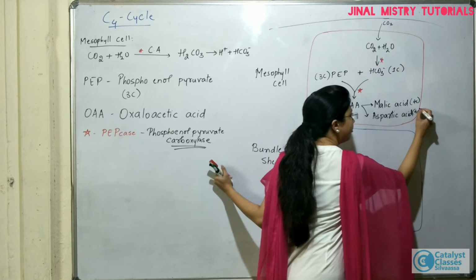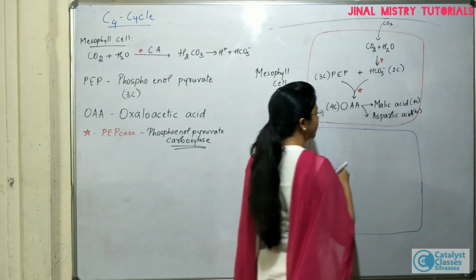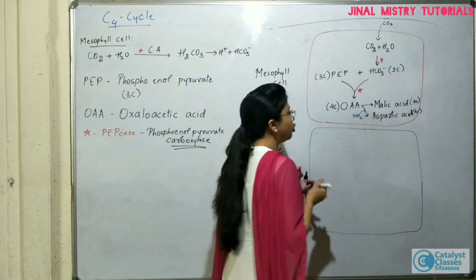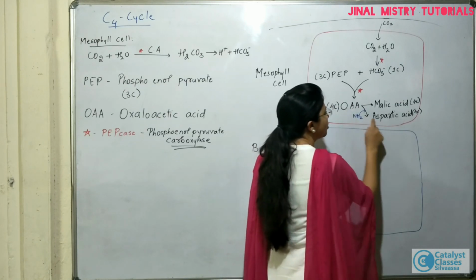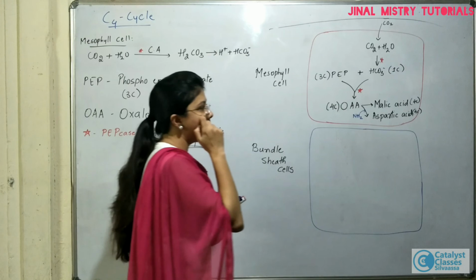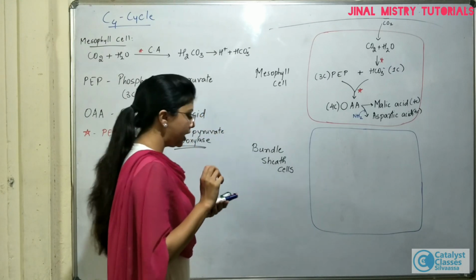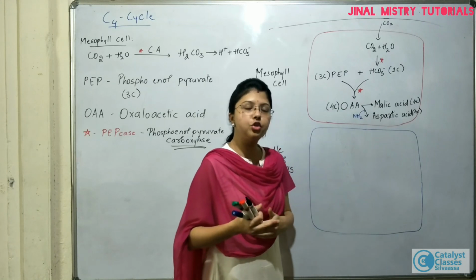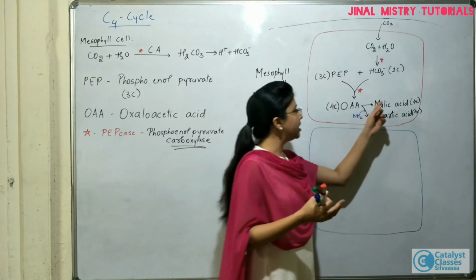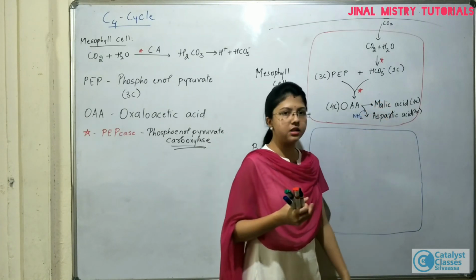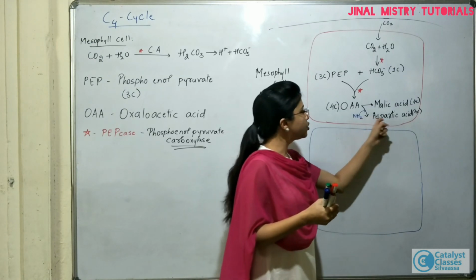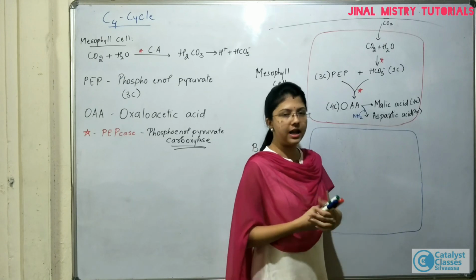Or else, if there is ammonia available, NH2, amino group available, then the OAA is going to convert itself into aspartic acid. Remember, oxaloacetic acid is going to convert itself into another 4-carbon acid, which can either be malic acid or aspartic acid. If amino group is available, then it is going to convert itself into aspartic acid.